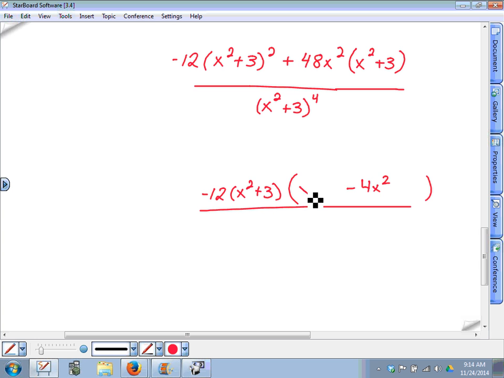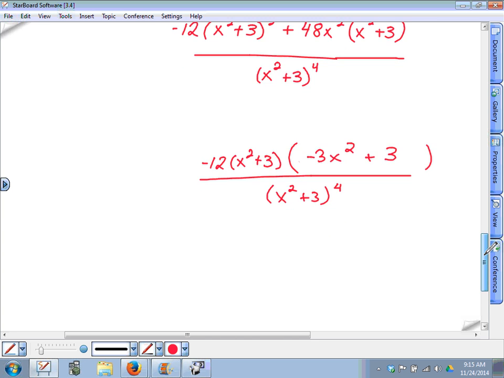No. So that just changes into negative 3x squared plus 3, and that's all over x squared plus 3 to the 4th.